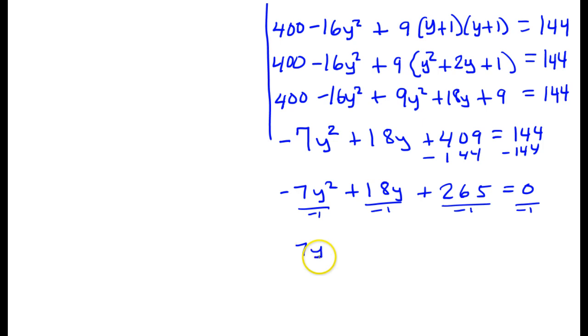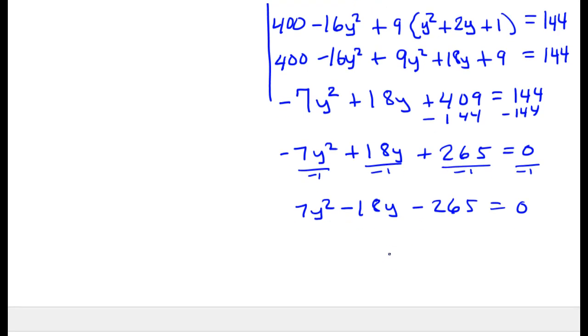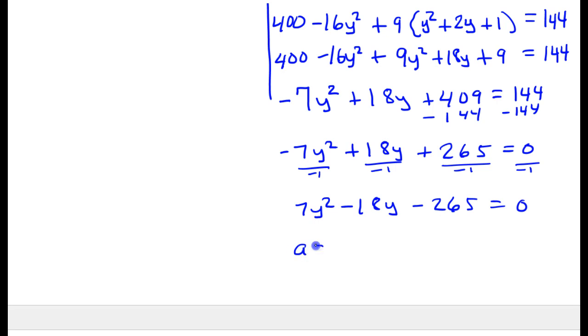Then I will have 7y squared minus 18y minus 265 is equal to 0. Now this may be factorable, but with numbers this big, I would rather just use the quadratic formula. So A is 7, B is negative 18, and C is negative 265.